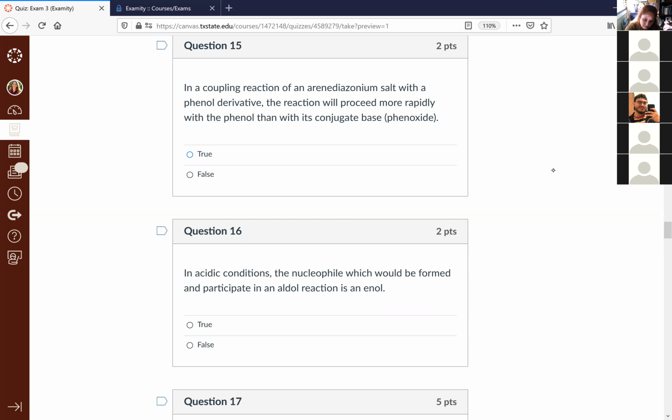So this one actually pulls information from electrophilic aromatic substitution also. One of the things that we learn is that being deprotonated increases the electron density within the benzene ring, so it's going to make it more reactive. So this says the reaction will proceed more rapidly with the phenol than with its conjugate base. That is false.